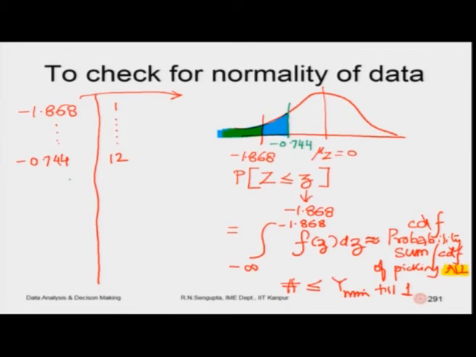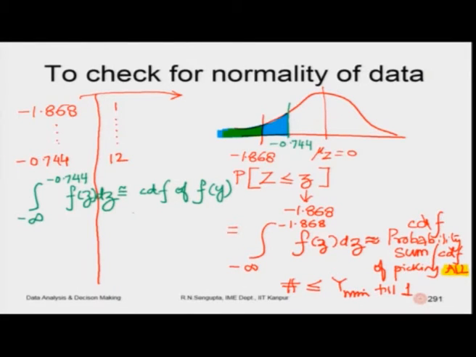Due to paucity of space I am writing it here, so please bear with me: the integral from minus infinity to minus 0.744 of f of z dz. This is not exactly equal, but it should be the CDF value of this f of y, whatever the f of y is, we do not know.